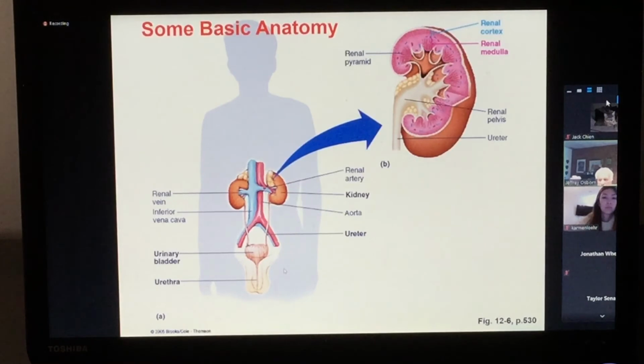They are outside the bag that the rest of your organs sit in, which is kind of handy because if you want to access the kidney to do a transplant or to do a surgery, you can simply enter through the back region and go in. You never go through the peritoneal cavity, and you prevent infection by going in that way through the back, and you can access your kidneys in that way.